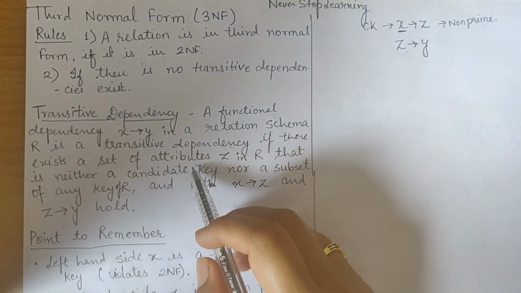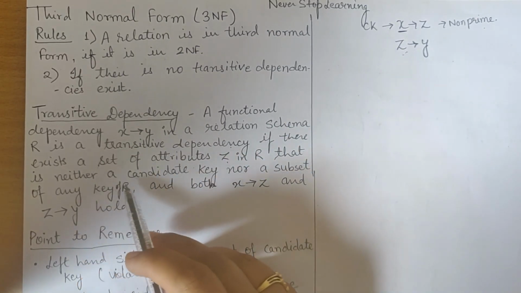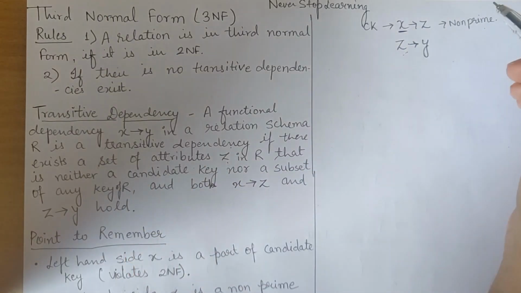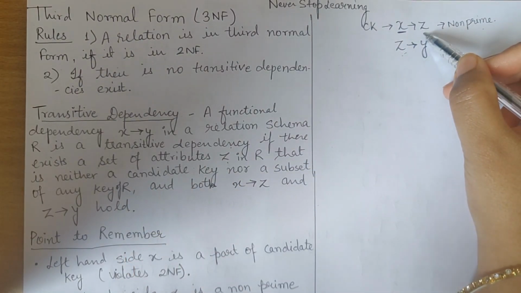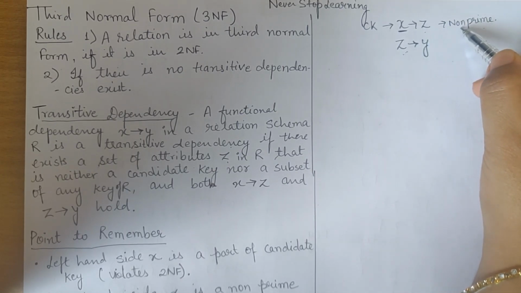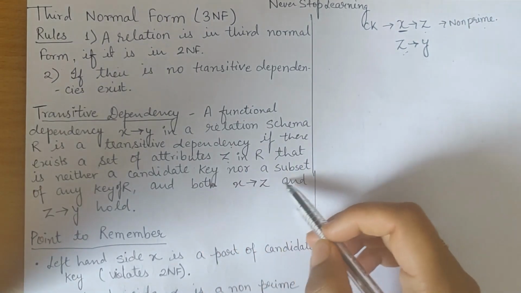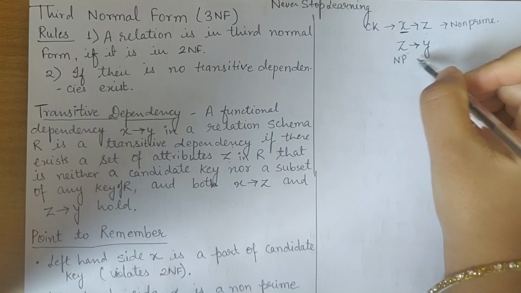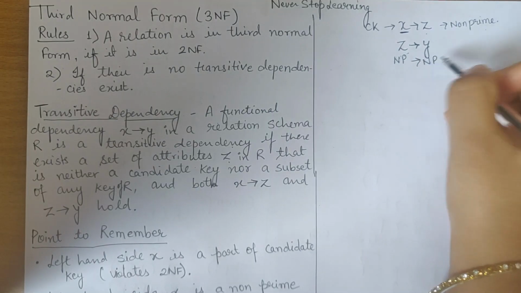If there exists an attribute Z that is neither a candidate key nor a subset of any key of R, that means this is a non-prime attribute. And then there is also a dependency from non-prime attribute to non-prime attribute.